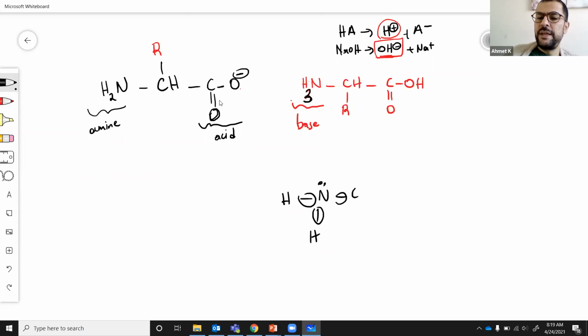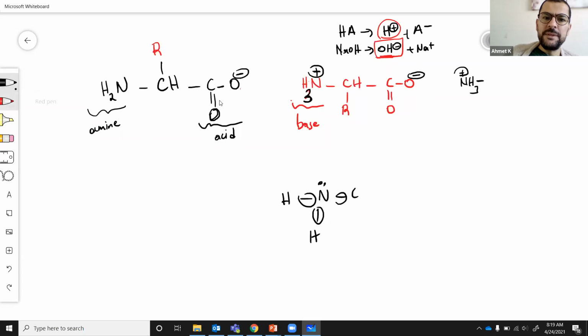And it's going to get a plus charge, okay? Make sense? And as you can imagine, if you have this molecule, you're going to have the same thing. There's going to be a negative charge here, and then there's going to be another NH3 here, and another amino acid. Make sense?